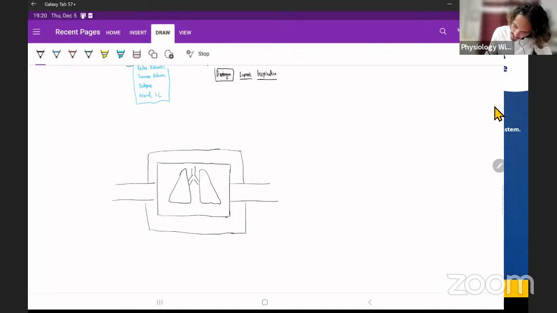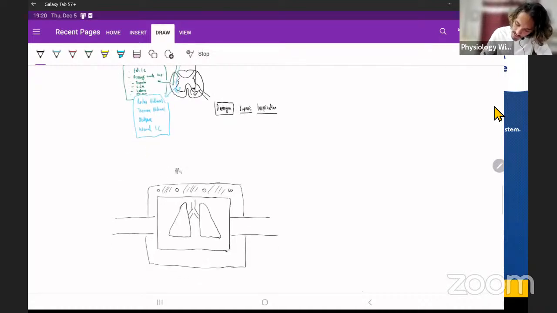This will be your rib cage, your mechanics, the entire mechanics. And what will be here? Your muscles in between. So these are all the muscles we were talking about earlier. They regulate how much ventilation can happen according to the neural regulation.